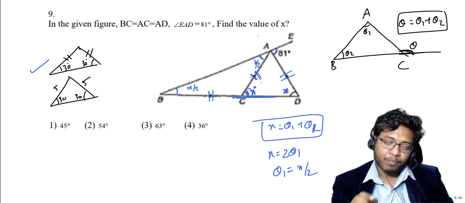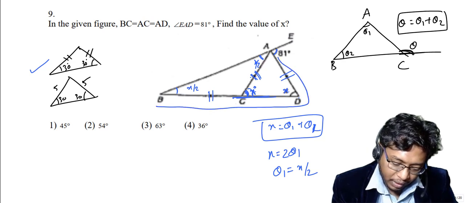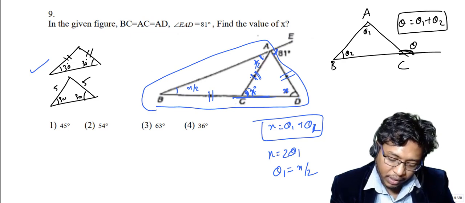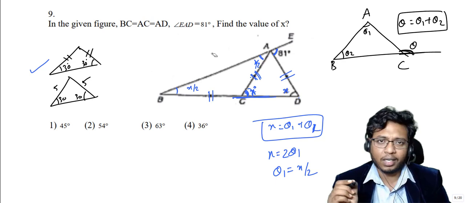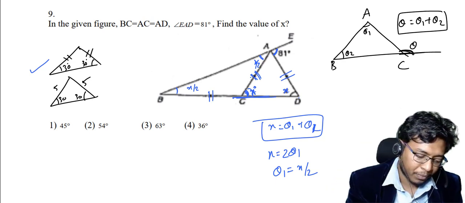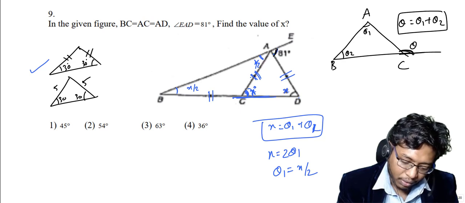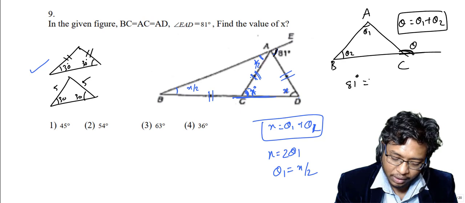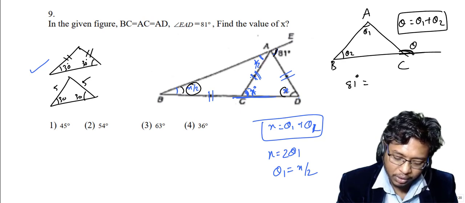Now see here, if I take the big triangle BDA, this 81 is an exterior angle to this triangle, right? That's why I told you identifying exterior angles in a triangle is very important. So what you can say is, 81 degrees is equal to the opposite interior angles, x by 2 plus x.